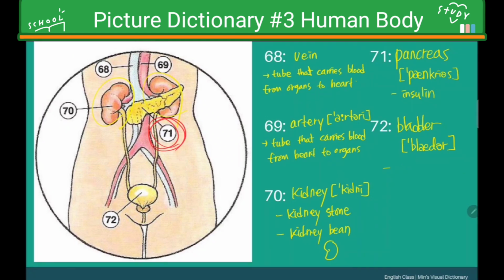Simply put, this is a bag of urine. And instead of using the term urinate or take a pee, we can also use empty one's bladder.